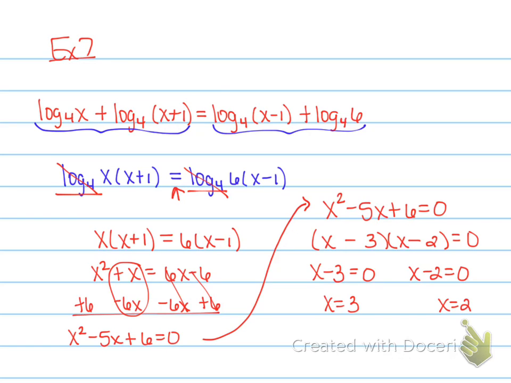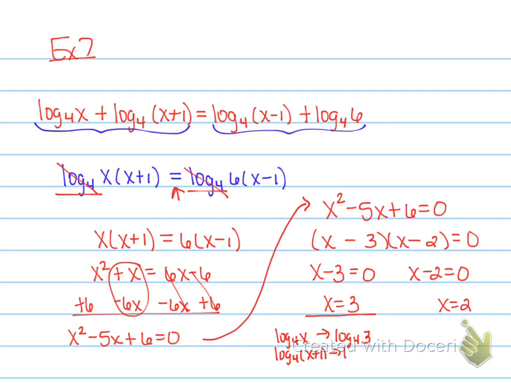But now remember, because we had logarithms in the original problem, we've got to go back and check them. So I'm just going to write it underneath the 3 right here. The first one was just log base 4 of x. Well, I can plug 3 in there, and that's okay, because that would give me log base 4 of 3. The second log I had was log base 4 of x plus 1.